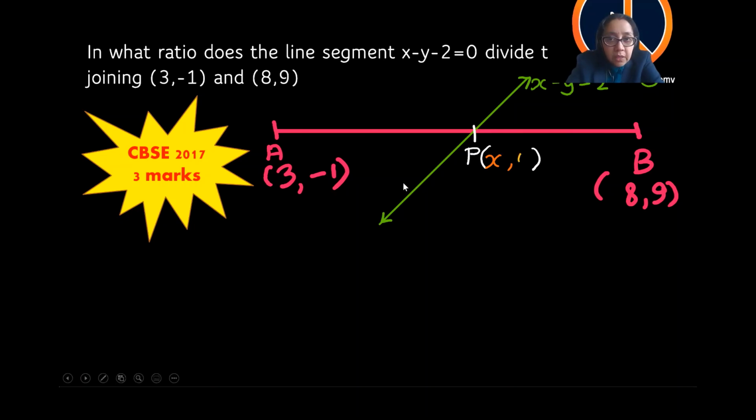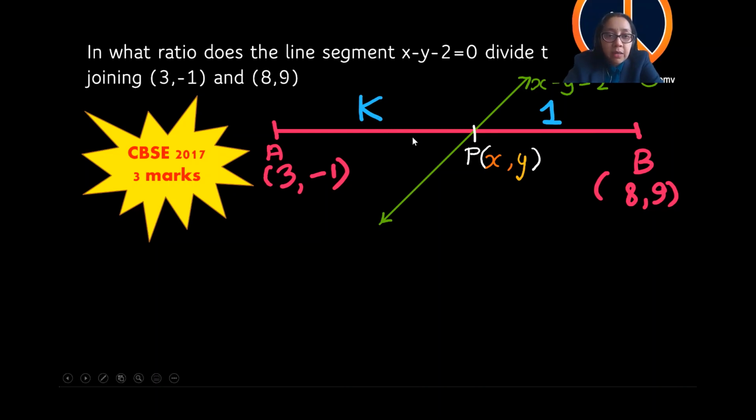Please remember, whenever you have to find the ratio, it is advised not to use m and n, but instead write k and 1, or r or any letters. I'm using the letters k and 1, then it becomes much more convenient to solve the question.